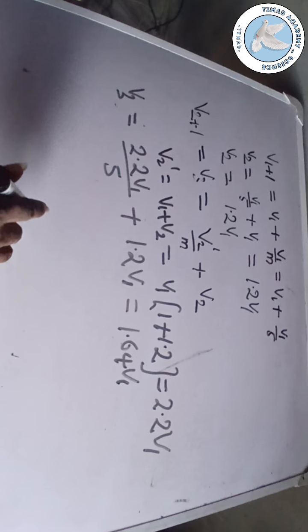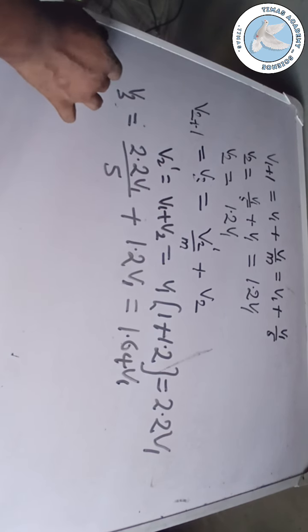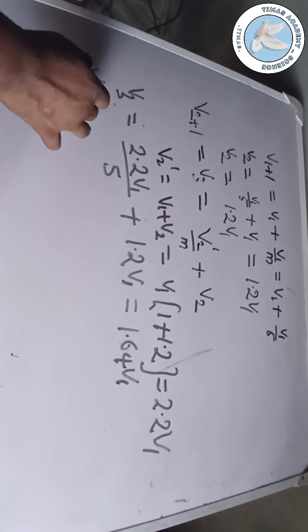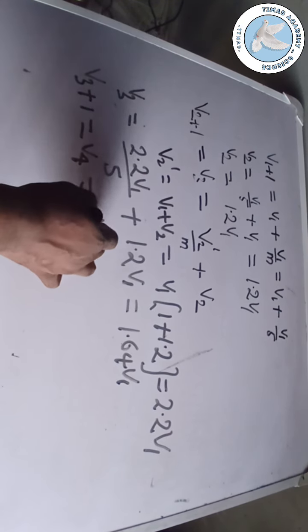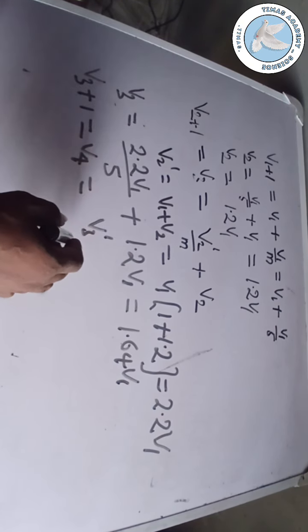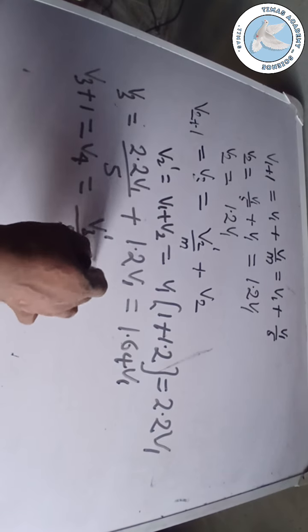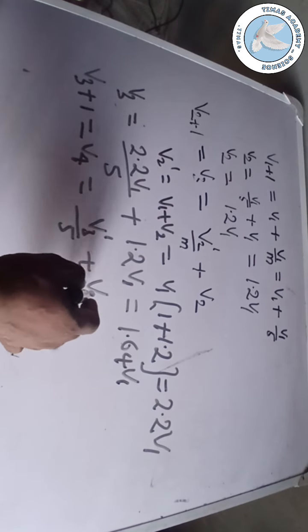Then finally we have V4, which is going to give us V3 prime divided by 5 plus V3.